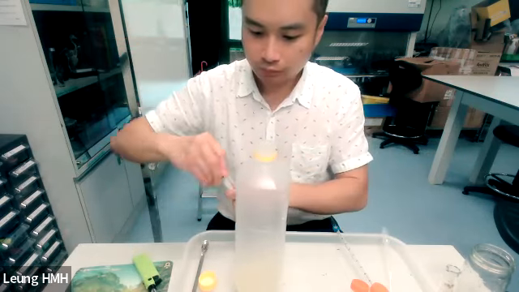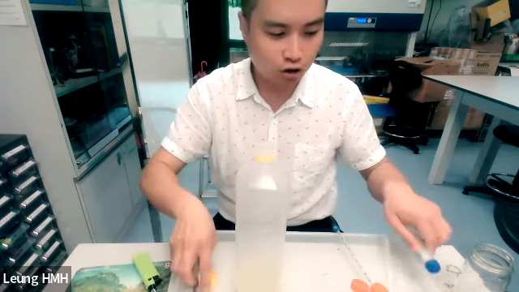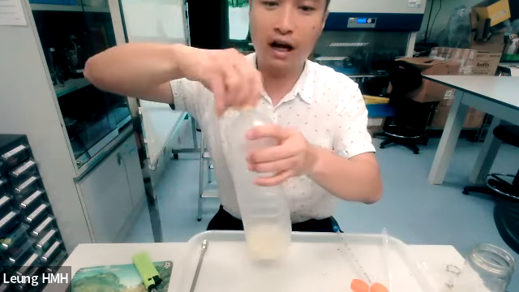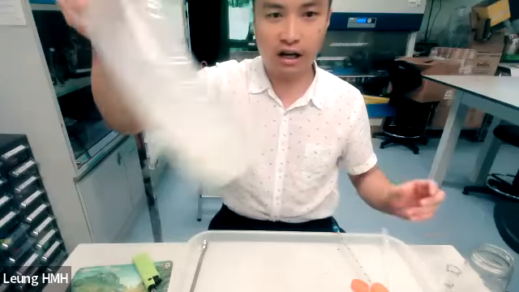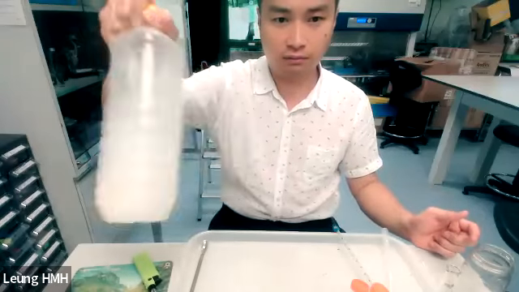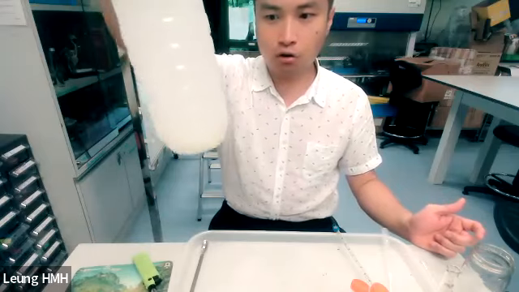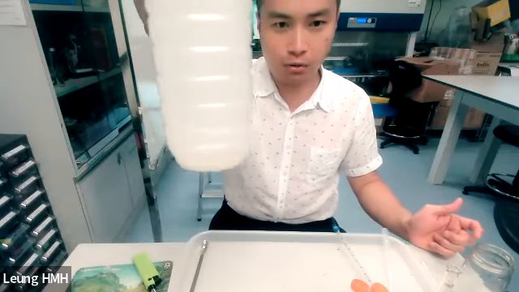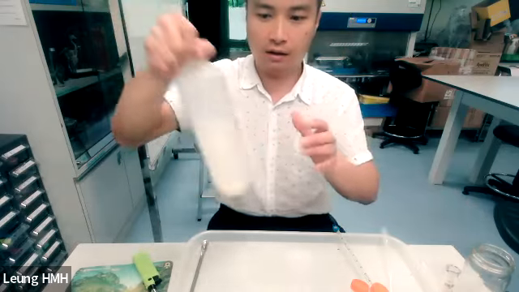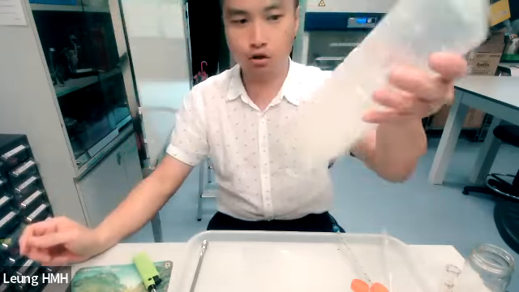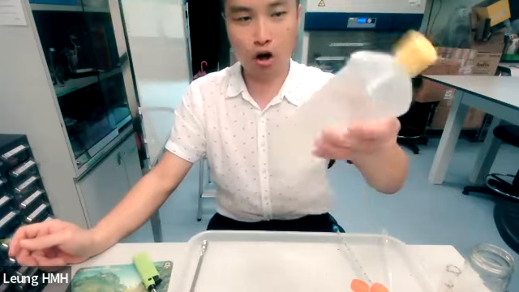Okay. Why do we provide such a container? Because with such a container, we try to shake it. So you may find there is a milky substance formed, right? We will quickly stir the solution.